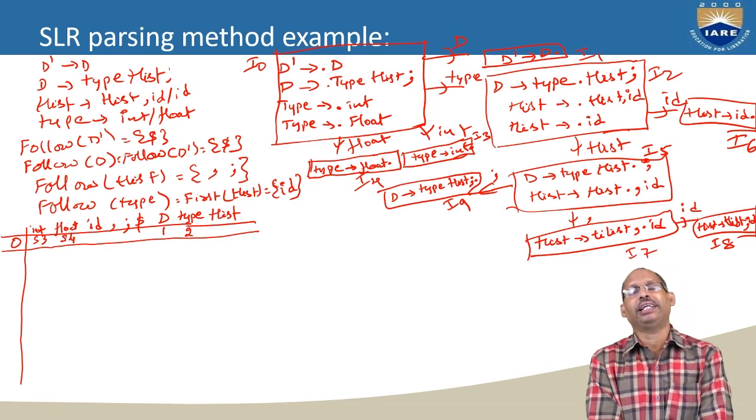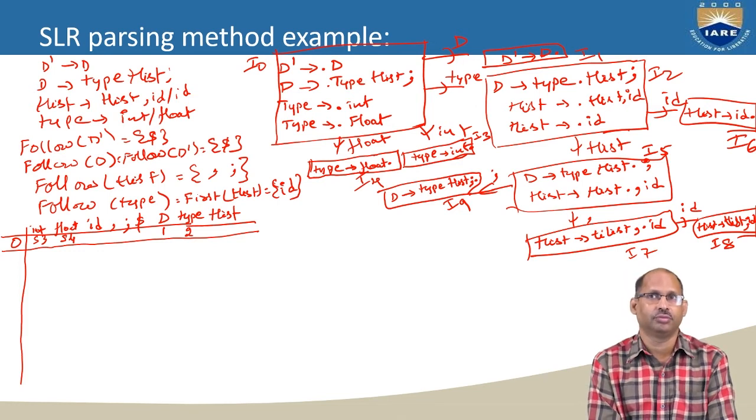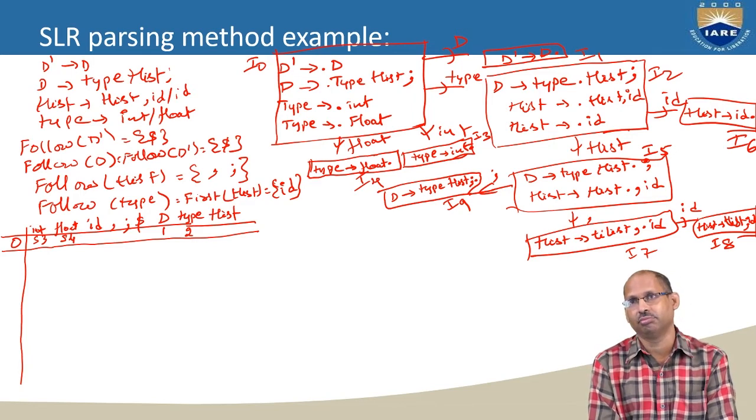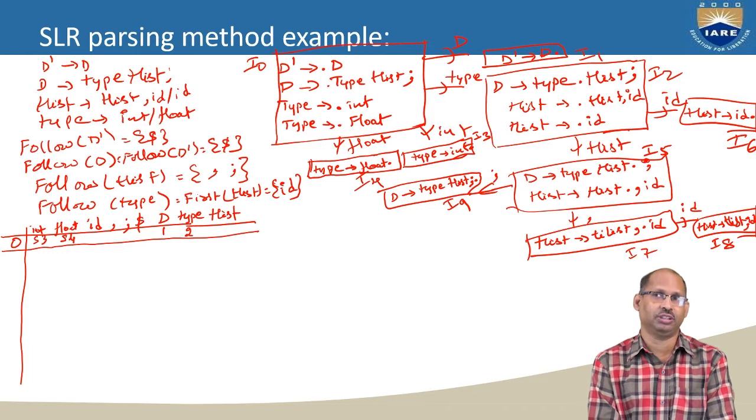Now, what is I1? Here, I1 is dot at the end. For which production is it dot at the end? The dot at the end is for the special production.